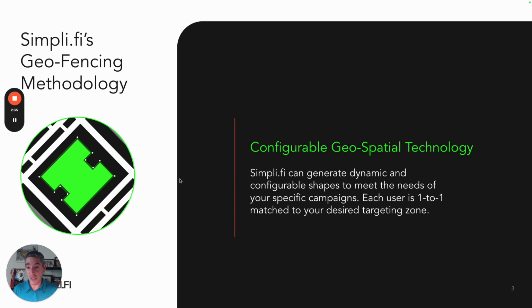As you can see here, it's not just a straight radius. I've worked at other platforms, and there are many platforms that will say they do geofencing, but really it's just a radius around a certain area. That's not geofencing. Geofencing is specifically targeting an area, plotting that out and landing the ads in those areas, and that becomes very, very powerful when you're making sure that your ads are in front of the right types of people.